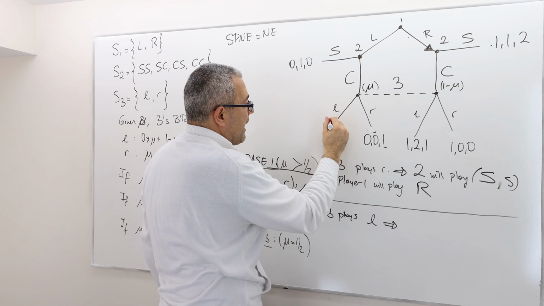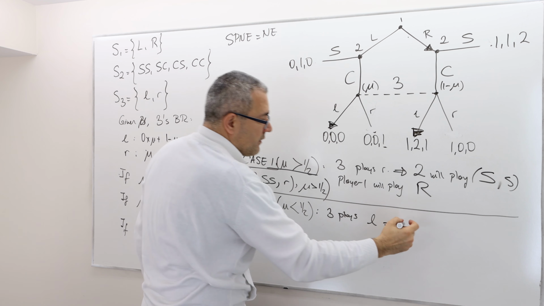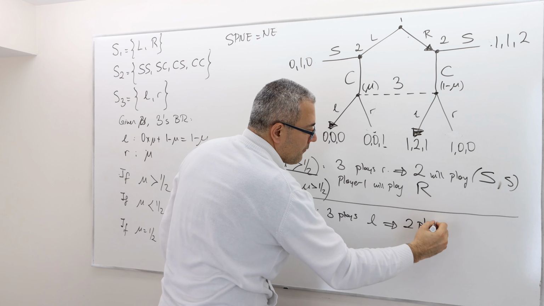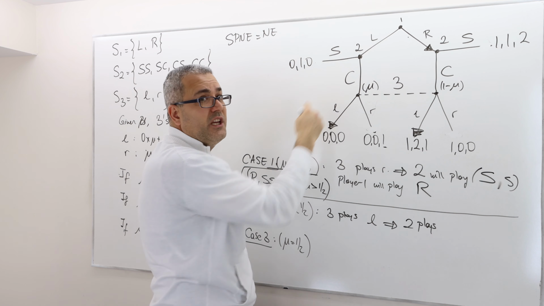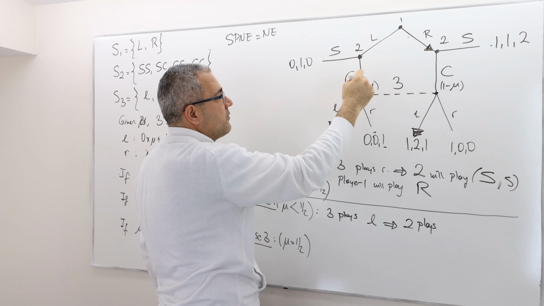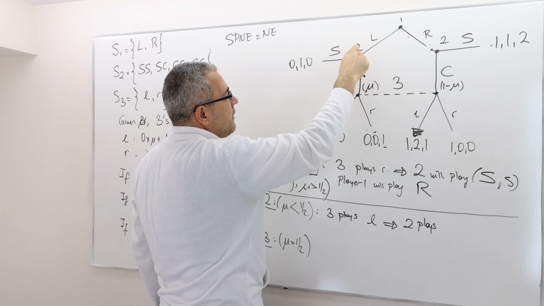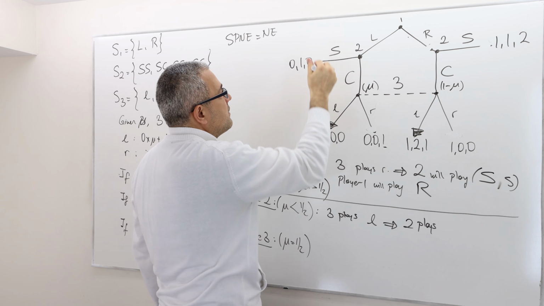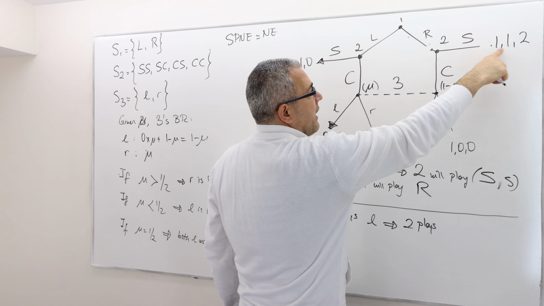So player 3 plays L, small l. And then given this, what does player 2 play? If the second player is at this decision node, which he can observe, it's not in the info set. If he goes for S, he's going to get 1.